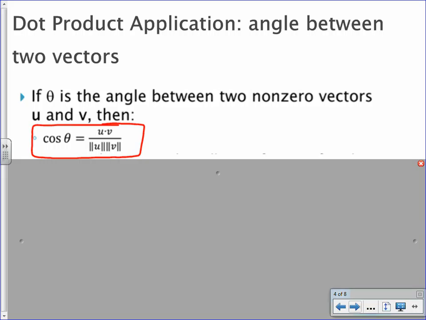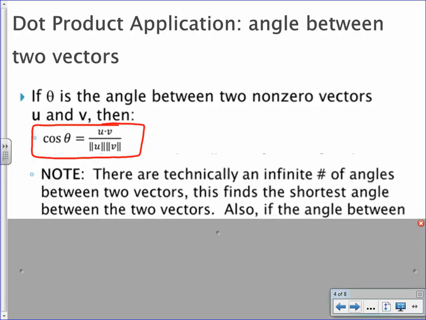So when you use this formula, it's always going to find the shortest angle between two vectors. If I draw two vectors up here, technically, you could argue that there's two different angles in between the vectors. There's this angle here, or there's this angle here. That formula is going to find you the shortest one.